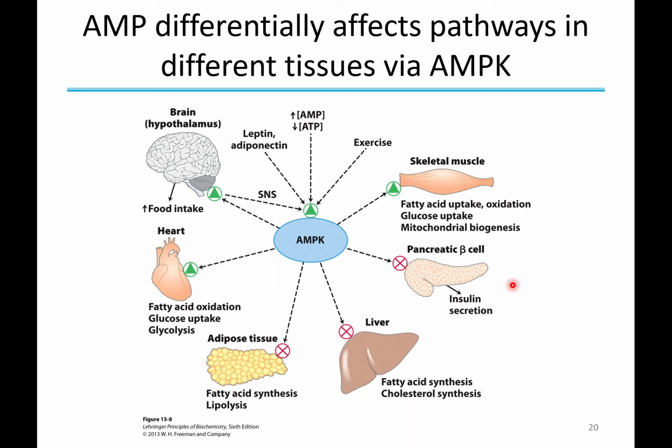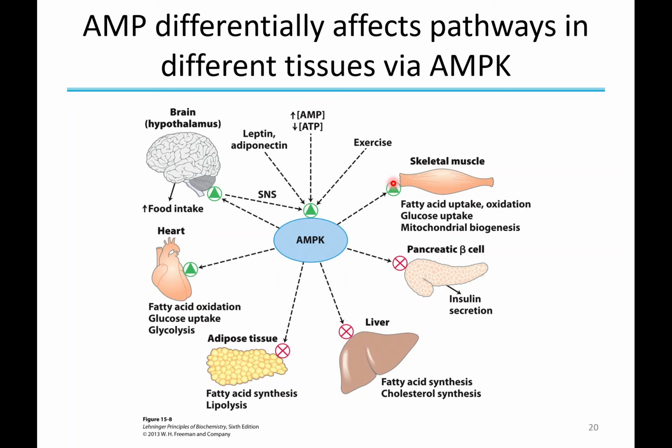In pancreas, it'll turn off insulin secretion, and then skeletal muscle, it increases the fatty acid uptake, oxidation of glucose, oxidation or mitochondrial biogenesis. So it's increasing your ability to burn things and make energy.